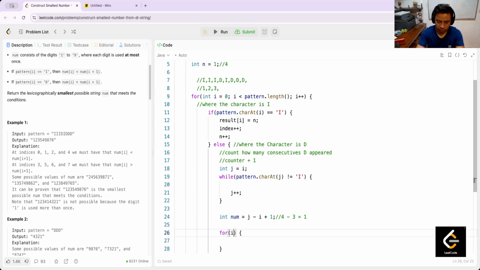That's that transversal since while j greater equal I, j less, and here is result, the position j equal, in this case is 1.